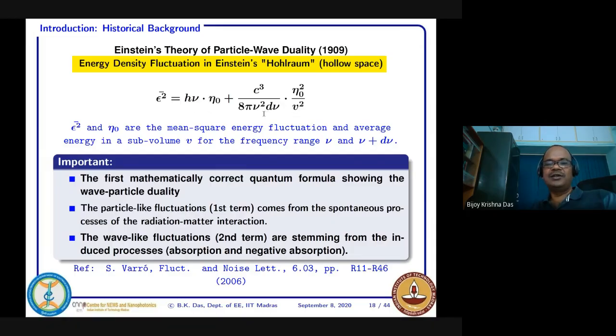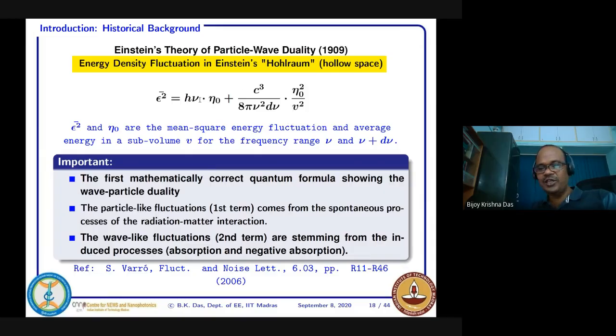and this is c cubed over 8 pi nu square. It is something like the Rayleigh term, a similar type of thing is there, with delta nu. This term is from nu to delta nu, all the spectrum is considered, so it actually says something continuum.